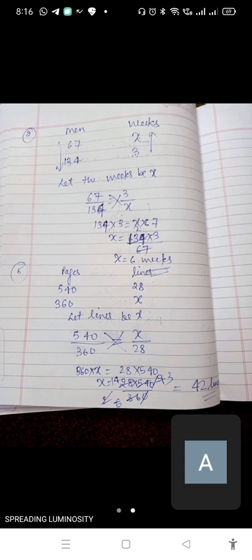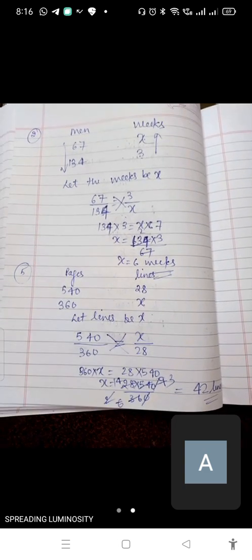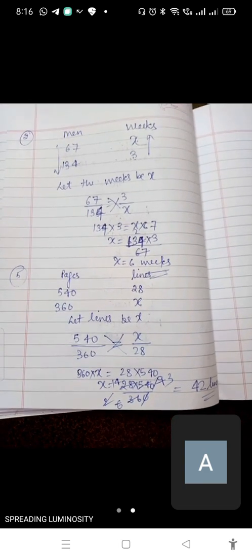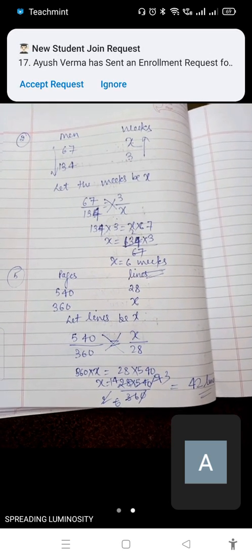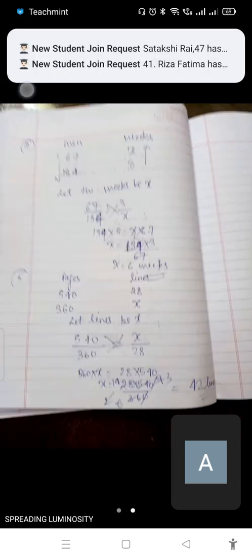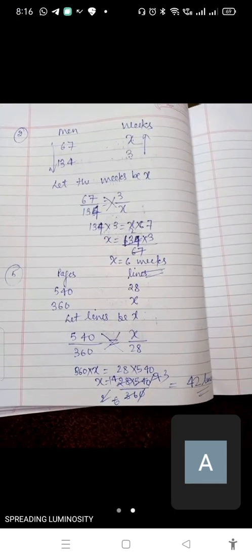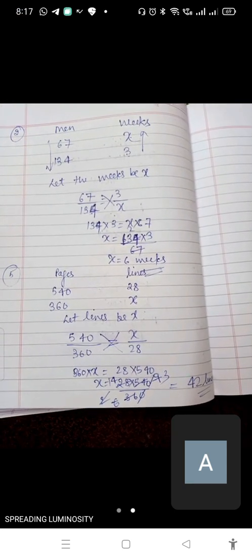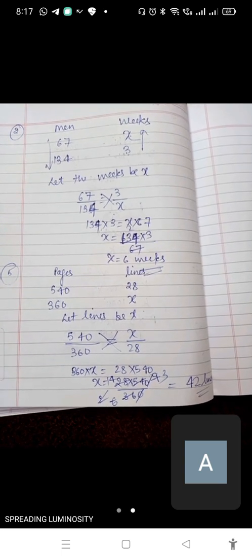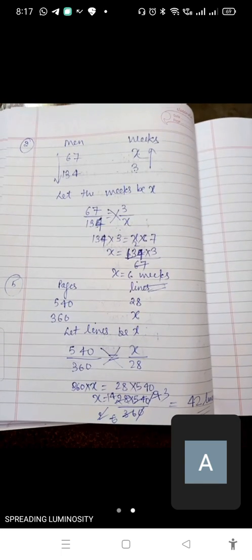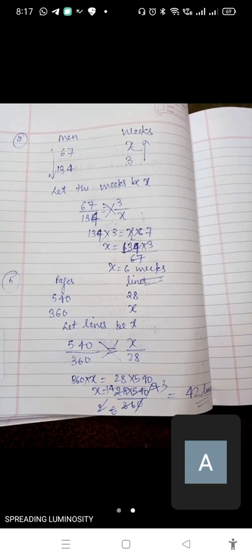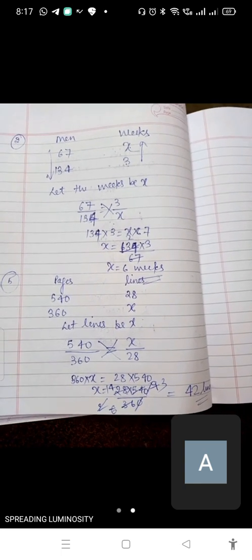In this chapter, you will have only 2 exercises, 10A and B. C will be reduced. If you have your physical classes, then it will be explained in the school, because for your online classes or if the teacher is not present in the class, it will be difficult for you to solve 10C exercise. So you are not coming to school, so we are trying to reduce your syllabus.